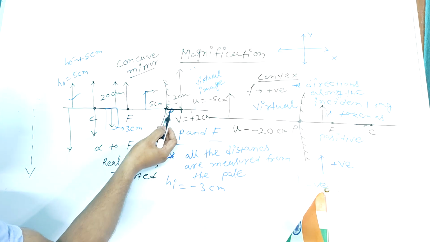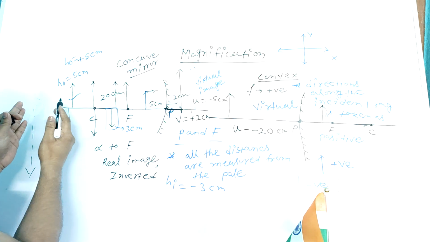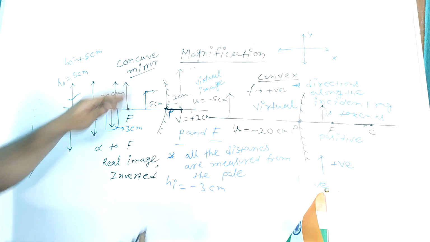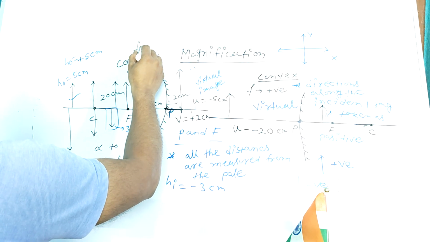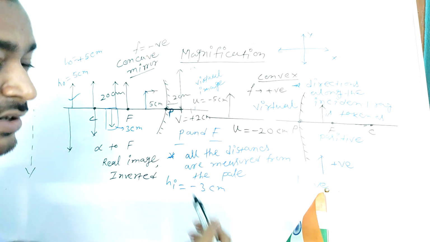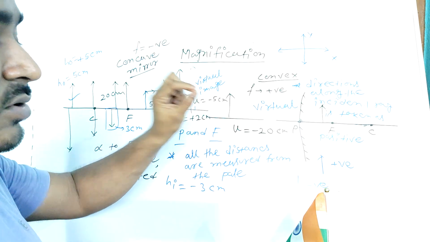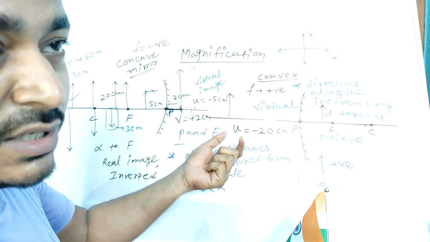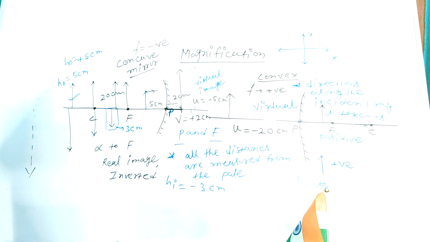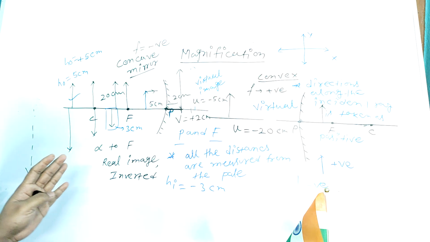For a concave mirror, the focus is on this side, opposite to the direction of the incident ray. So for a concave mirror, the focal length is negative. A point is represented by a capital letter, F. So this is positive, this is negative. Is it clear?